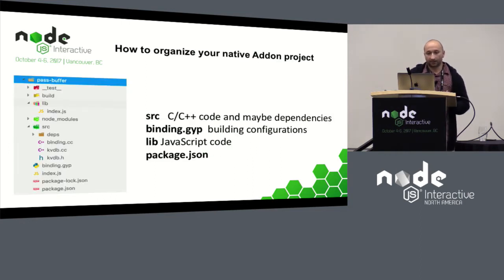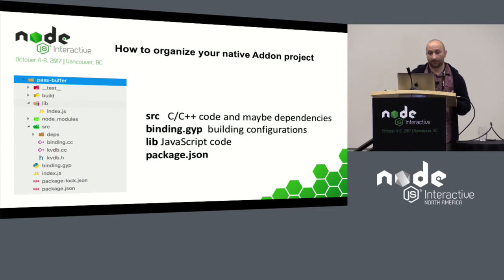When I start to build a new native add-on, usually I use this boilerplate. Here, the most important elements are the src folder that contains all the C++ code and maybe your native dependencies. The lib folder contains your JavaScript code.